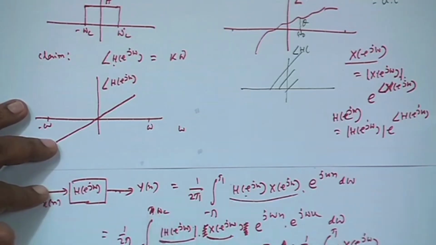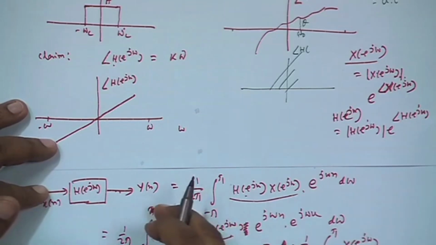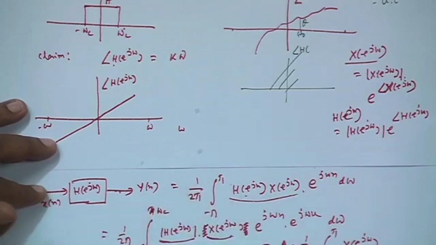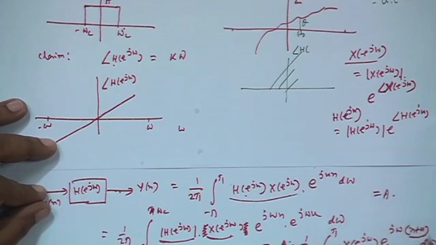So, no point, even if I extend the integral from minus pi to pi, outside this interval minus omega c to omega c, this is 0. So, it will not cause any change in the integral, but it is e to the power j omega n plus k. So, this is the inverse transform of x n at time index n plus k. So, what you will get is this capital A times original x n plus k.